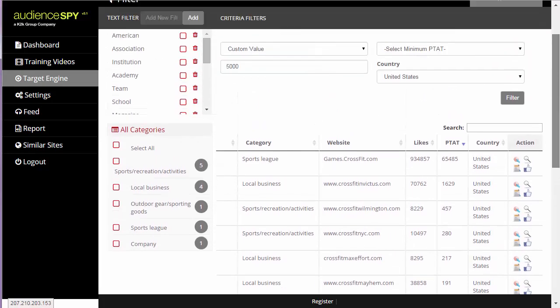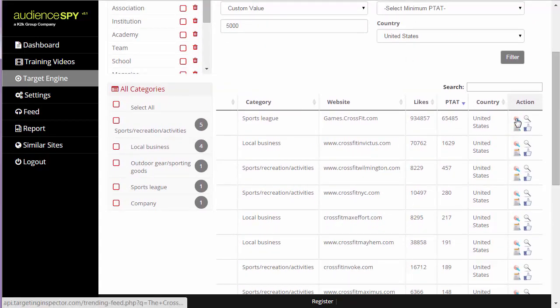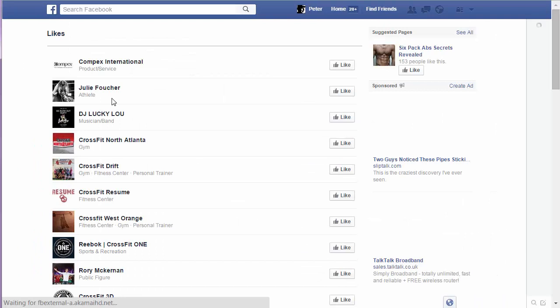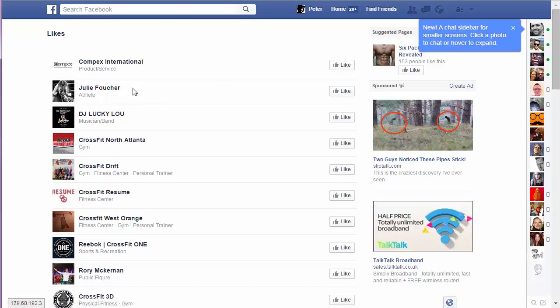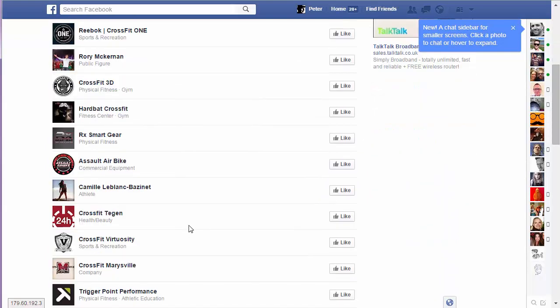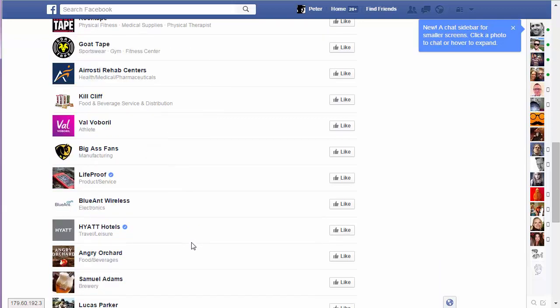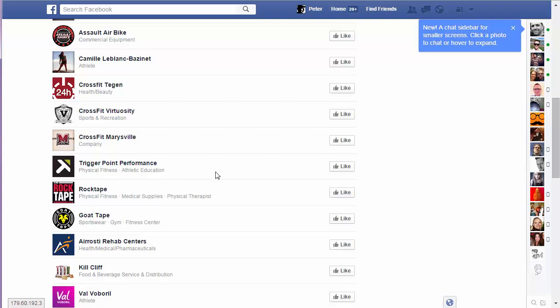This other one will give us what's... let me do this one first. This one is the pages that they've liked. It might be that they haven't liked any, so sometimes that happens. No, but they have. This page are fans of all this stuff.